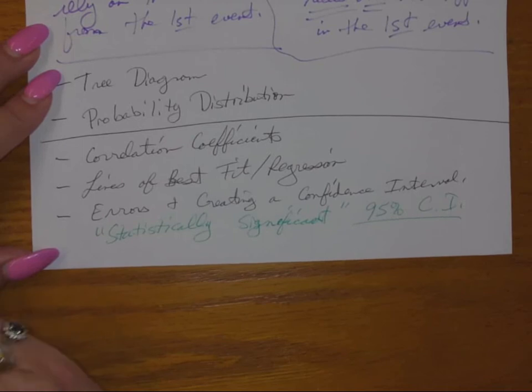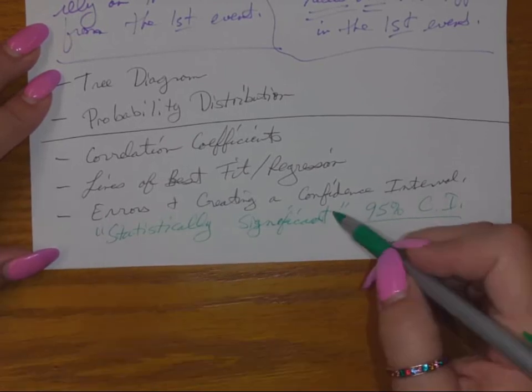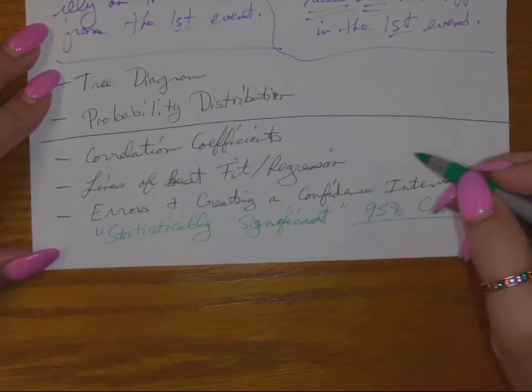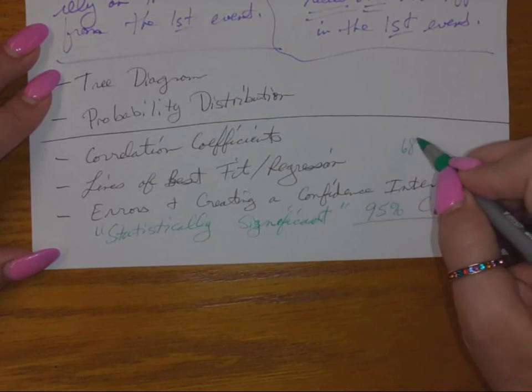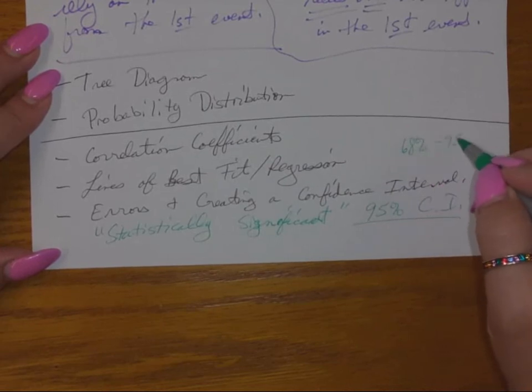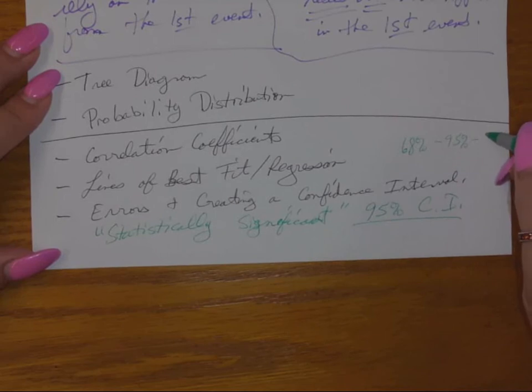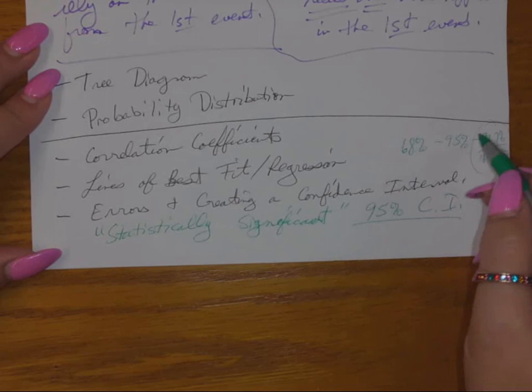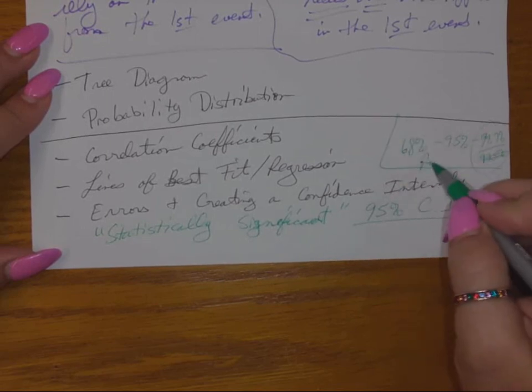Okay. Make sure that you know the difference between this stuff and way up there on exam 2. I didn't mention it, but there was that 68%, 95%, what's the last one? 99.7%, I think. Is it 99.7? I think it's 99.7. Whatever that last percentage is, there was that rule, right?